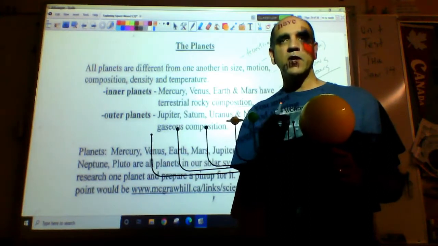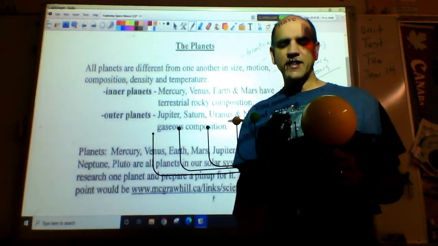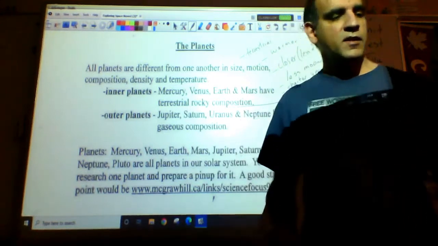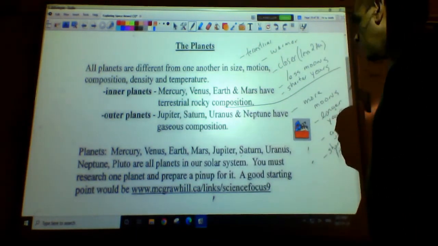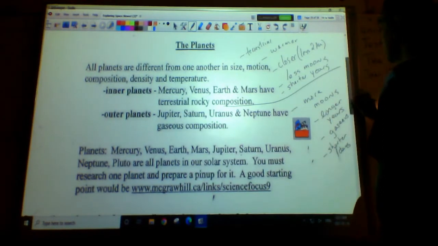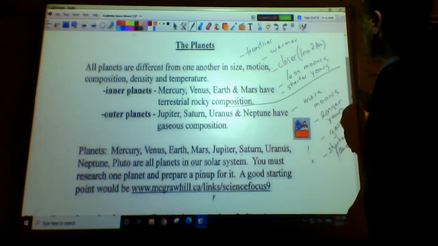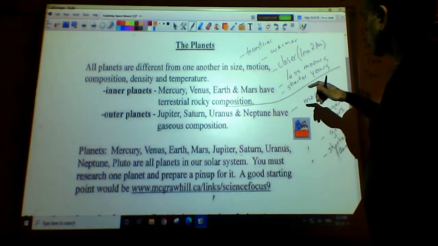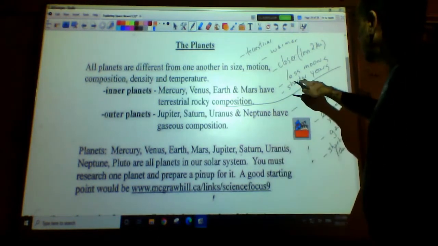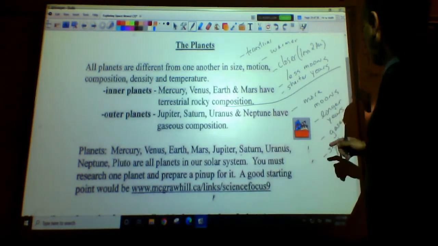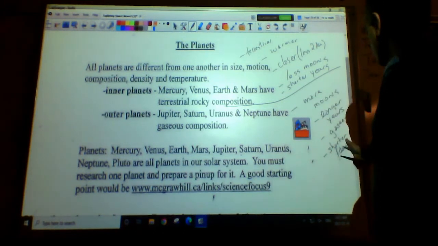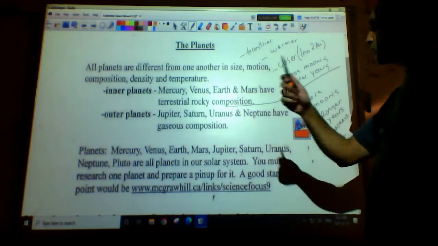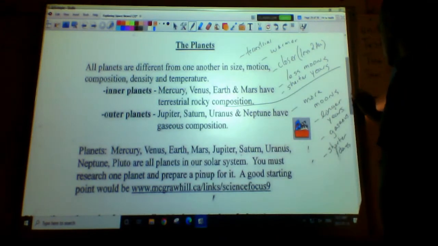Venus has mostly carbon, 96% carbon dioxide, so it's like a global warming planet of all of them. And of course, the years are shorter with the planets that are closer to the sun. Okay, and the years are longer for the planets that are outer because it takes them longer to go around.